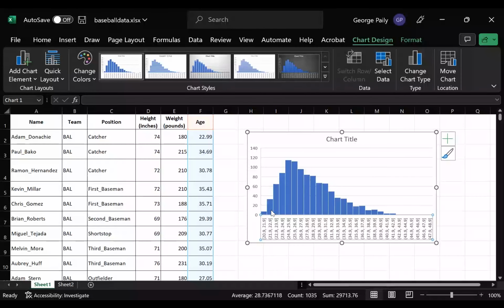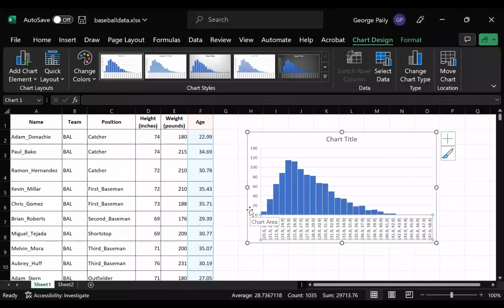Between 21.9 and 22.9, there are 33 of them, and so on. So you can see there's this continuous distribution. And I can change how coarse I want the graining or the binning to be, or I can make it even finer and go for quarters of a year instead of 1 year.